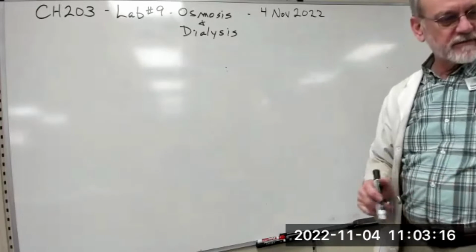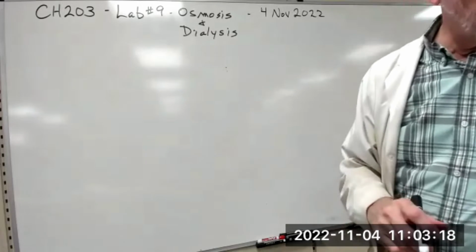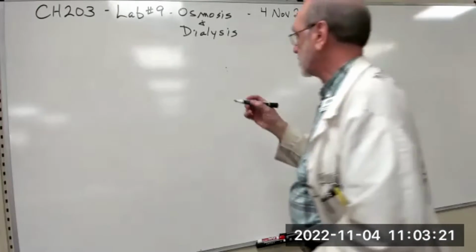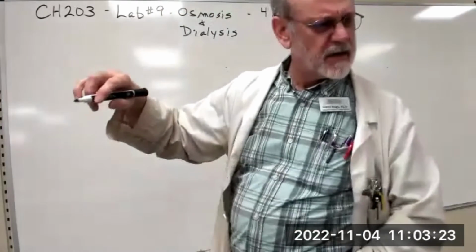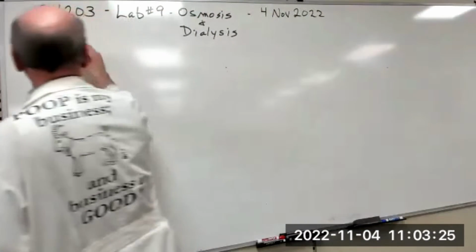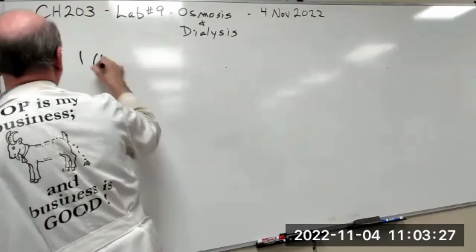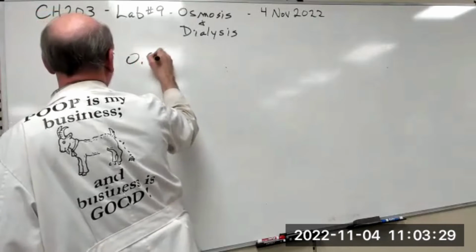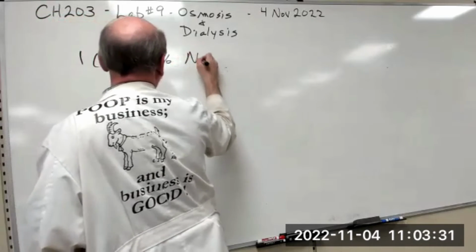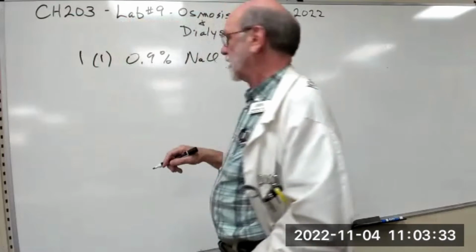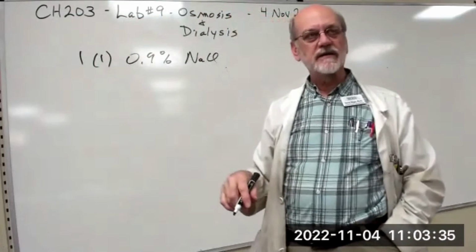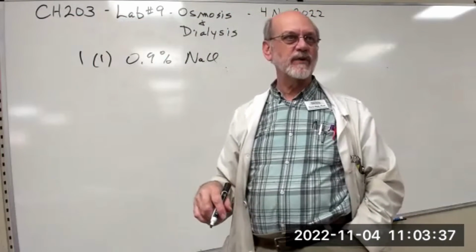This is the first question. 0.9% sodium chloride solution. Let's see, that's 1. 0.9% sodium chloride. What have I always said about percent? It's a dimensionless number.